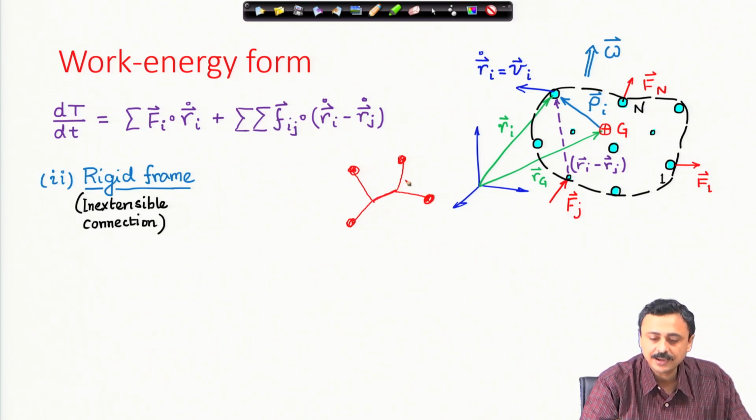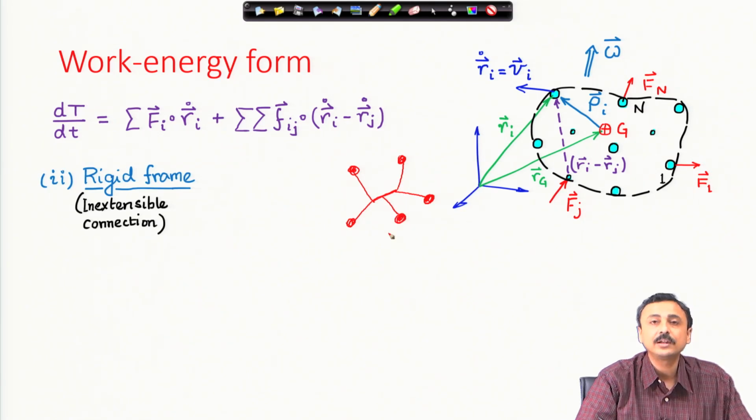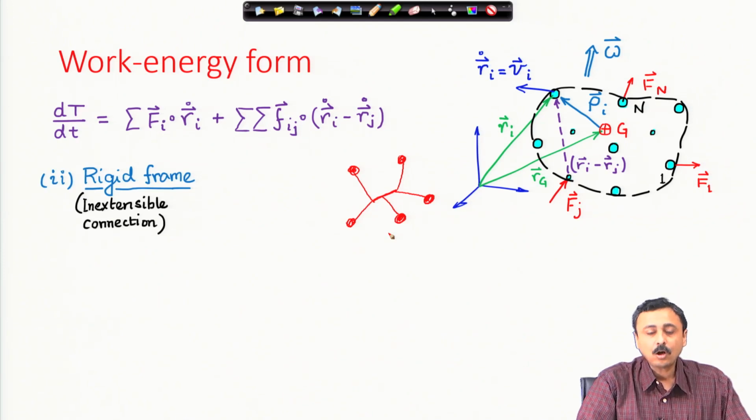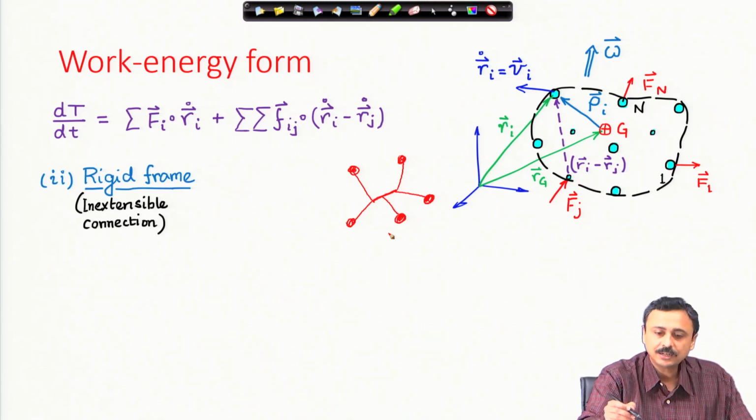This frame is light, but it is rigid, and there are a number of particles connected by this rigid light frame. Or it could be inextensible connections, like we have discussed in problems of blocks connected by inextensible strings. For all such situations we can consider the second case. So, what does the second case tell us?